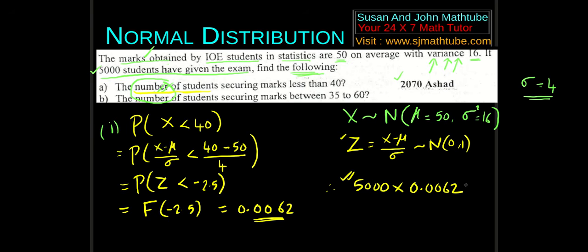So 5,000 into 0.0062 gives me a very good number, I never expected that. That is 31. So we are expecting just 31 students to score marks less than 40. Now the next question.